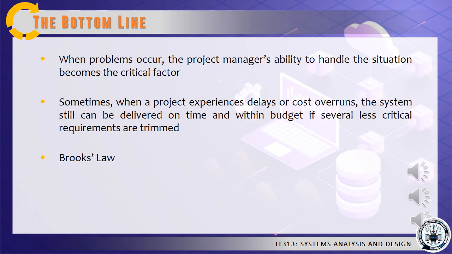Sometimes, when a project experiences delays or cost overruns, the system still can be delivered on time and within budget. If several less critical requirements are trimmed, the system can be delivered to satisfy the most necessary requirements, and additional features can be added later as a part of a maintenance or enhancement project.